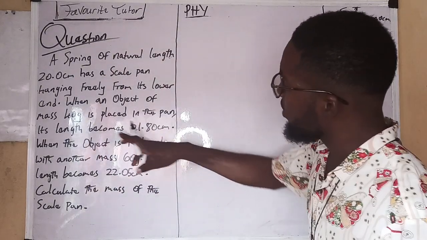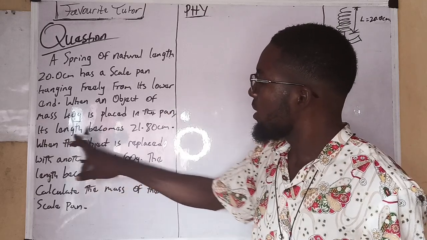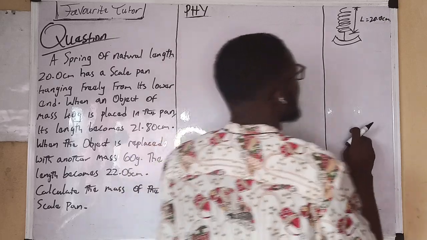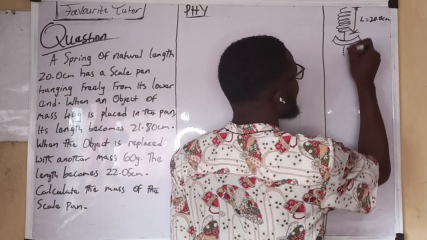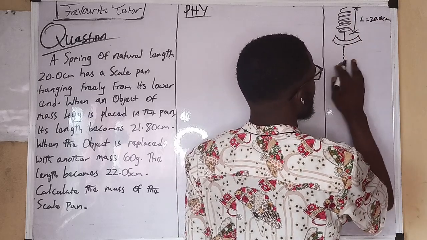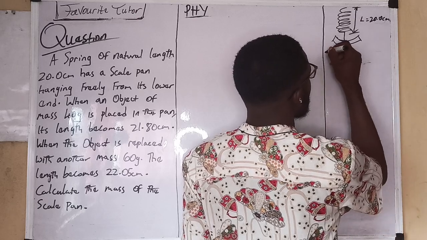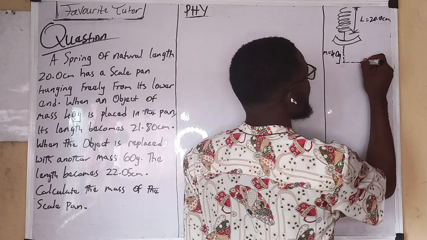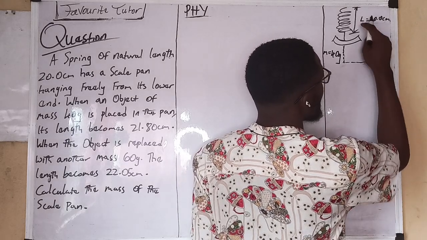When a mass of 40 grams is placed on the pan, its length becomes 21.80 centimeter. So we place a mass of 40 grams, therefore the spring is going to drop to a new length.